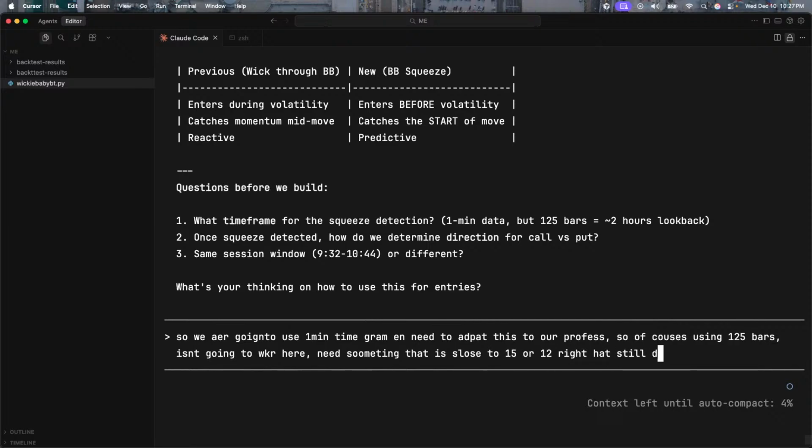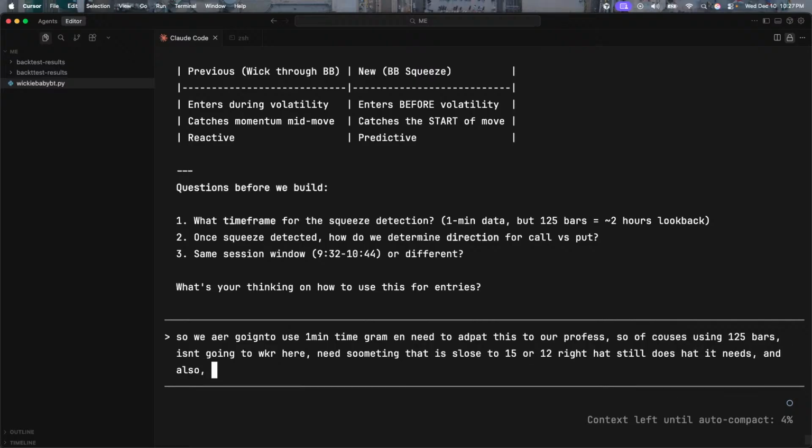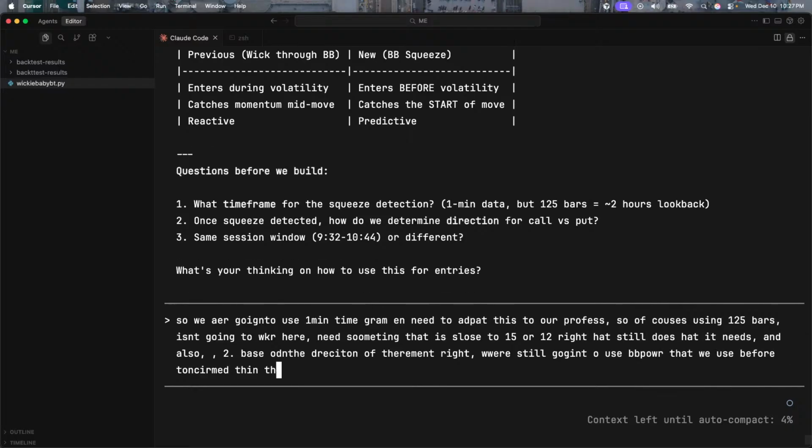That still does what it needs. And also, how do we determine which direction? Based on the direction of the price movement, right? We're still going to use the BB power that we used before to confirm it. I think that is valuable to keep.